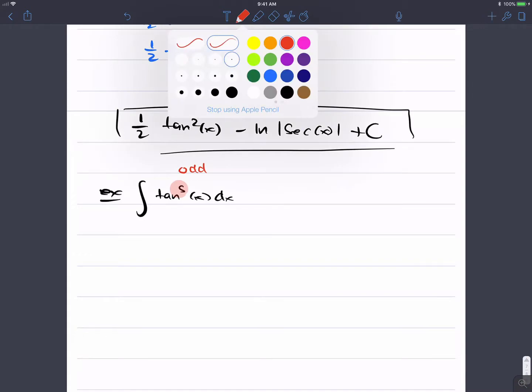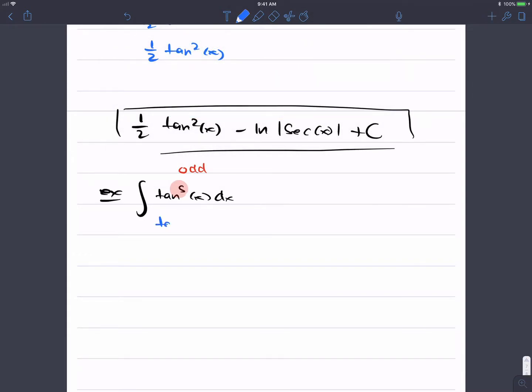As we generate these powers, notice there is no secant to factor out. So I'm going to factor out maybe a tangent, and I get tangent times tangent to the fourth power of x.